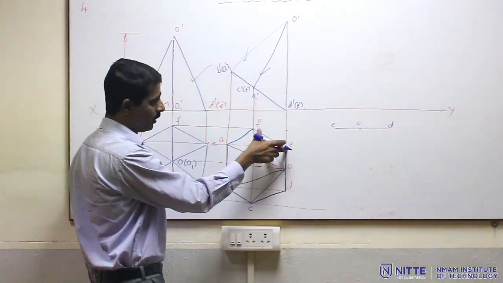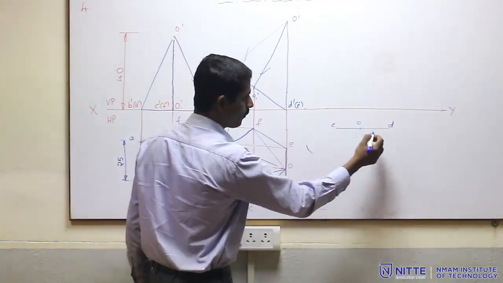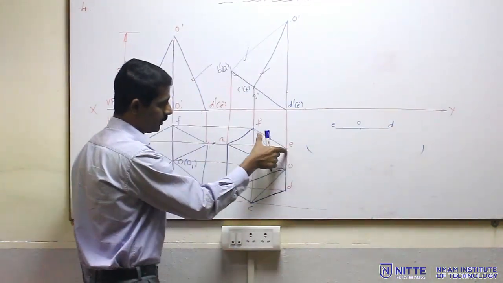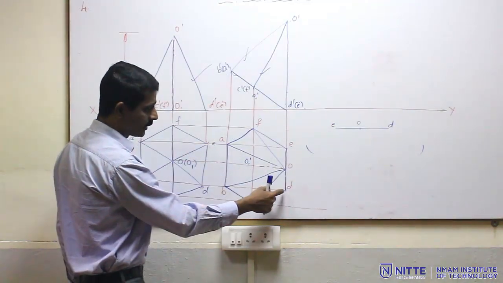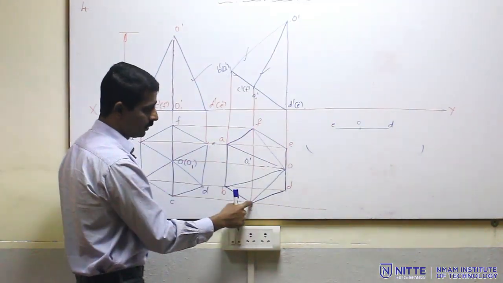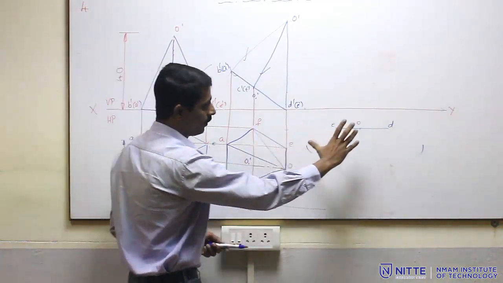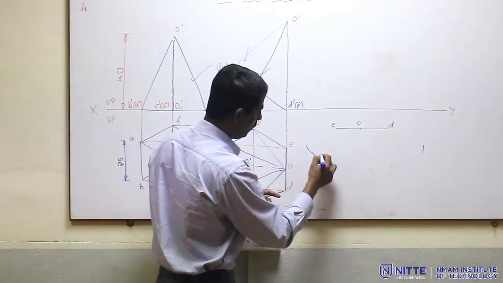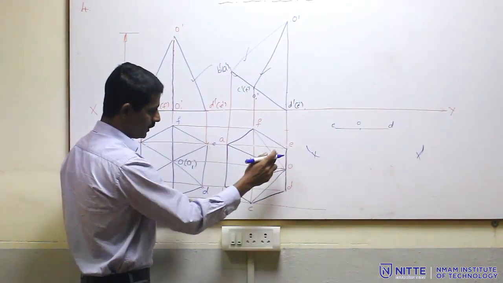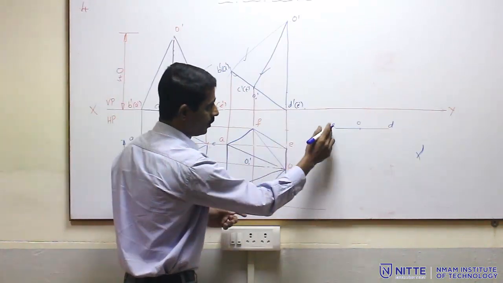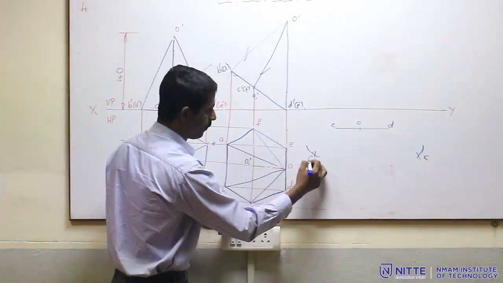It is easy, I can measure EF which is equal to DC, and from D I cut here, this length I cut from here and here. Then the cross distances D to F and C to E are the same. So, I measure any one distance D to F, and I cut here, and C to E I cut here. So, this is C and this is F.